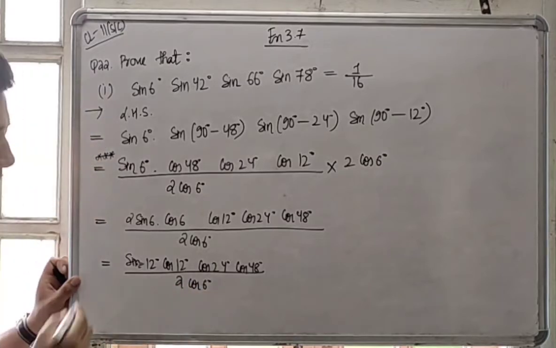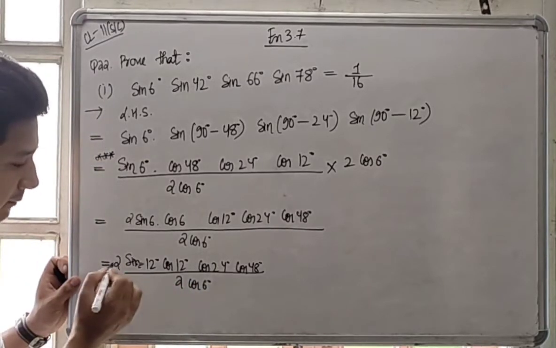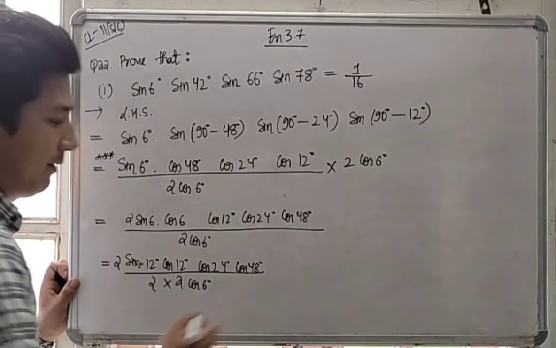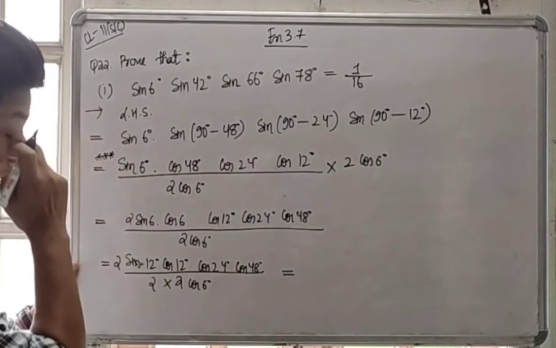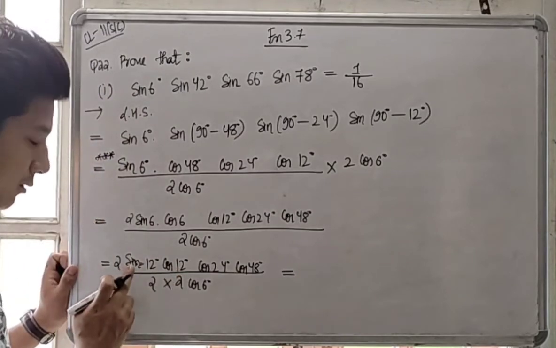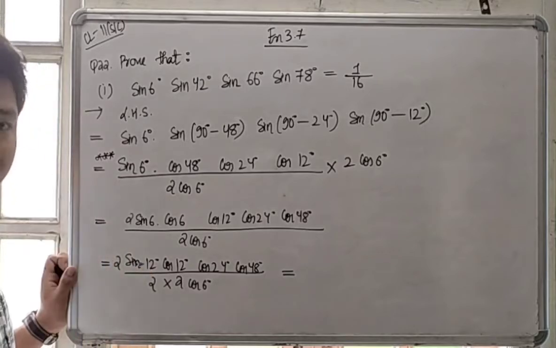Now I further need 2 here, so multiply with 2 and then multiply with 2 in the denominator as well. Now I'm still getting the formula of 2 sin theta cos theta, which means sin 2 into 12 is sin 24.